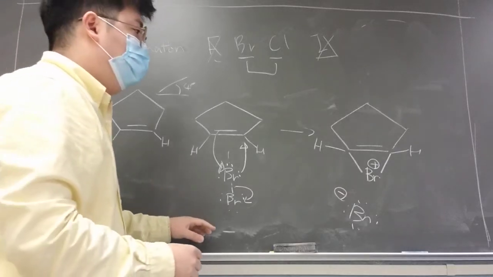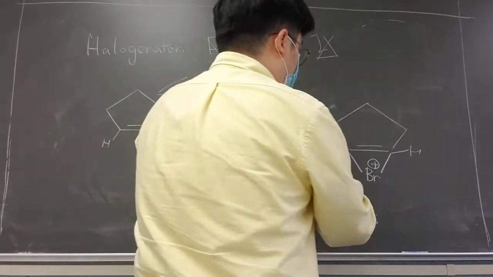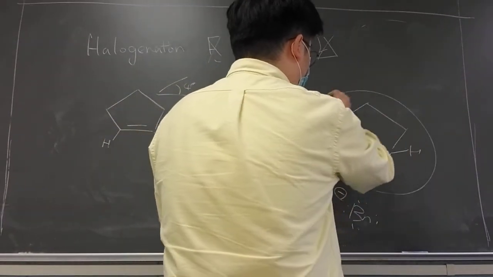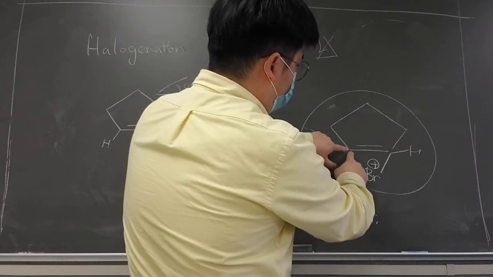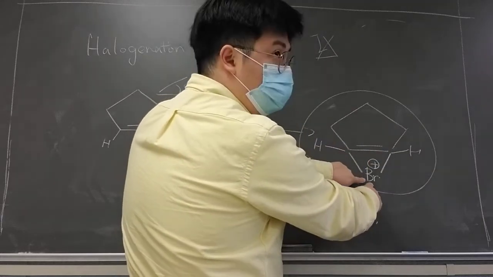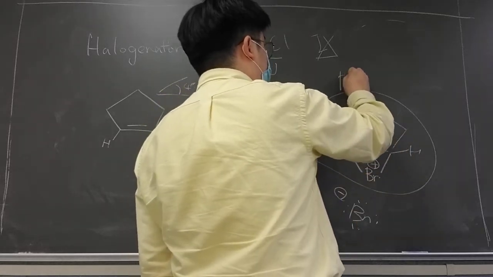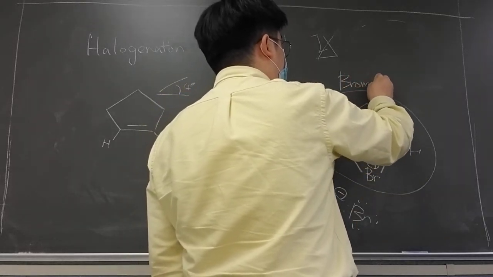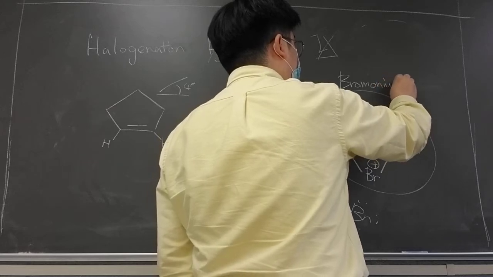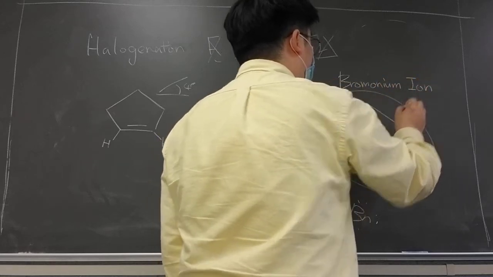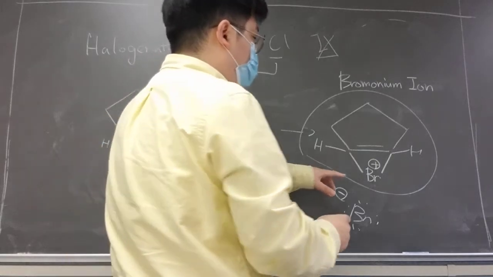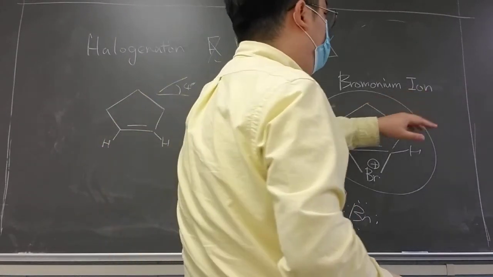Kind of makes sense. So you have this type of form here, with both groups on this bromine. This is what we call a bromonium ion. Because it has a positive charge, it's ionized.